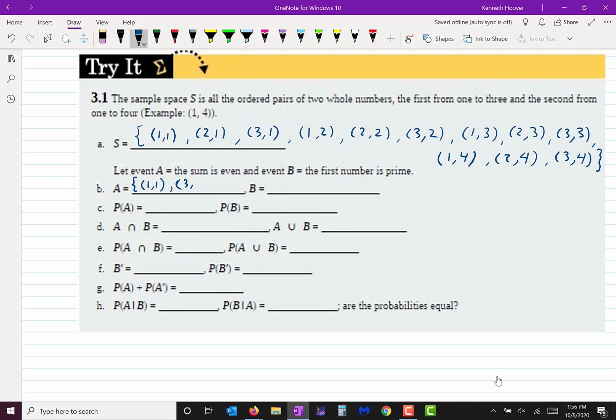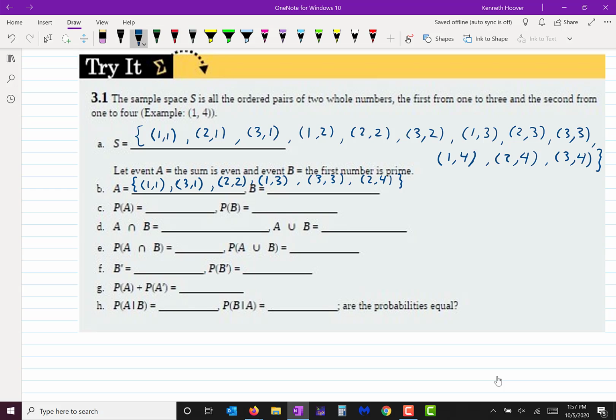And 3 plus 1 is even. And 2 plus 2 is even. And 1 plus 3. And 3 plus 3. And 2 plus 4. So those ordered pairs would be in A. The sum is even.